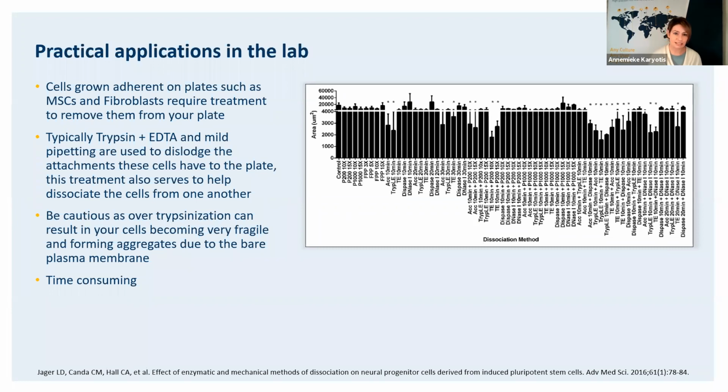It can release DNA into the media. Then you have to add DNase I to dissolve that, because free-floating DNA will further cause aggregation by acting like a glue. So it's quite a complicated process going down that road.